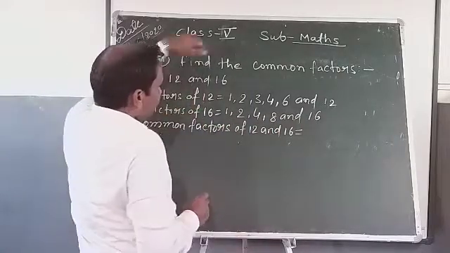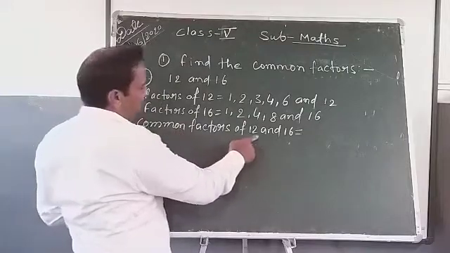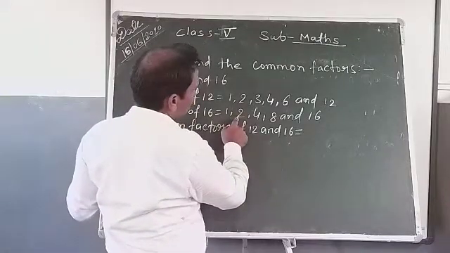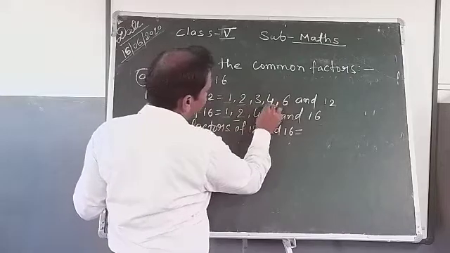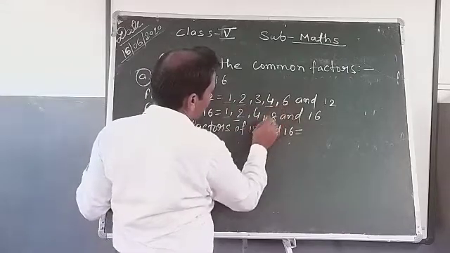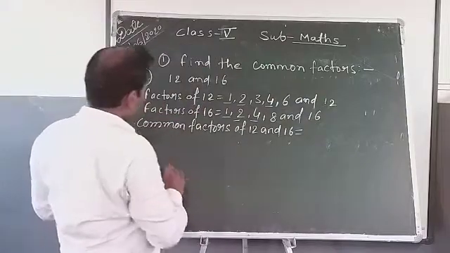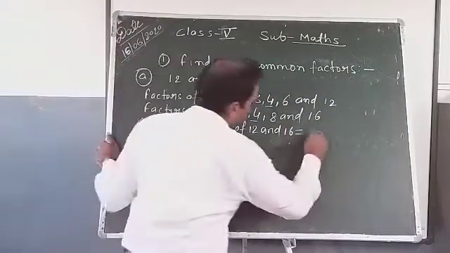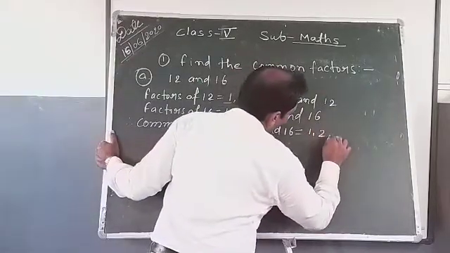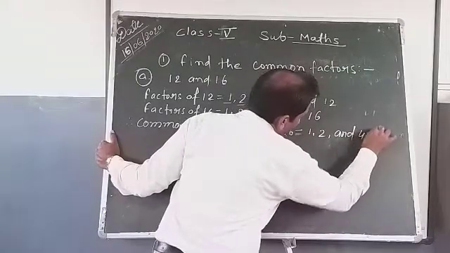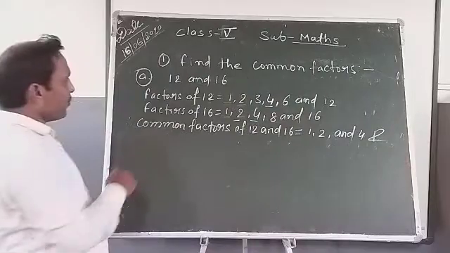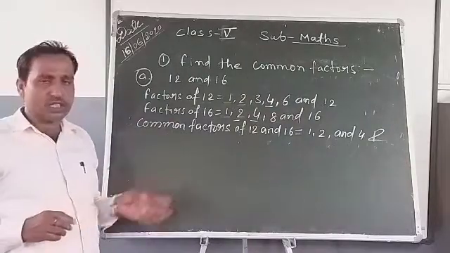So the common factors of 12 and 16 are 1, 2 and 4. These are the common factors.